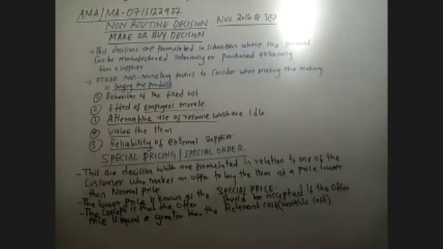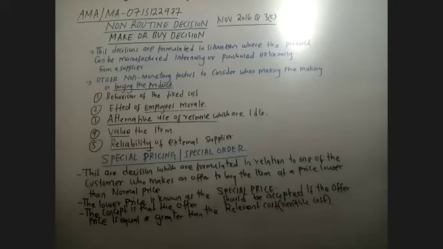The concept is that the offer should only be accepted if the offer price is equal to or greater than the relevant cost. Now, our relevant cost is our variable cost, which is 152, and the offer price is 160. We are saying that the offer should only be accepted if it is more.